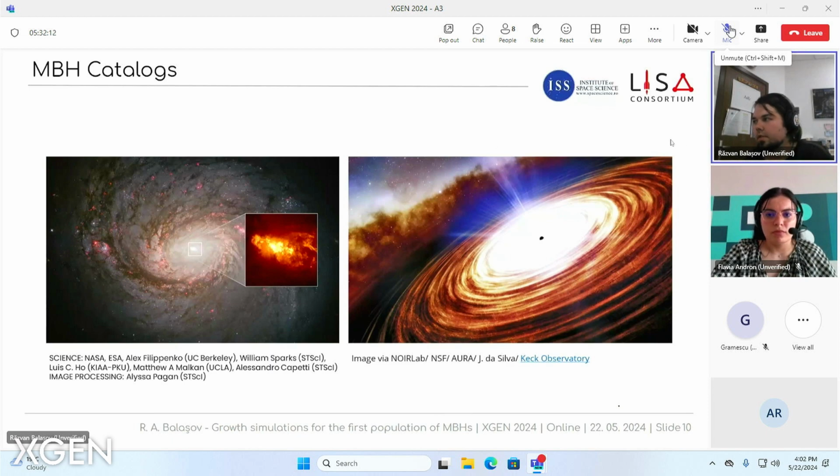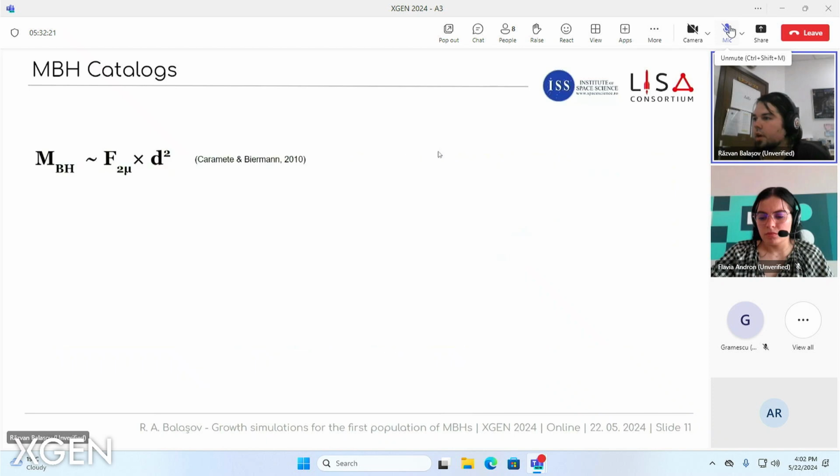In order to start the simulation, I needed to know what the distribution of the black holes is right now. Therefore, I made a catalog of black holes and calculated their masses in order to see the mass function, because that was an important factor.